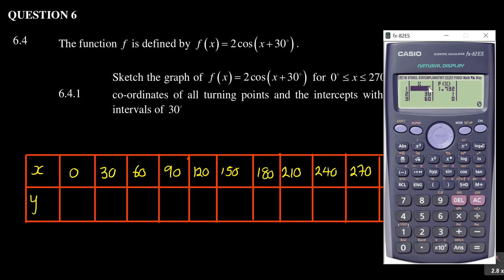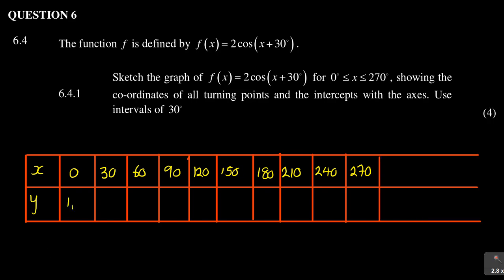If I go through the numbers, 0 is 1,732, then you've got 30, 60, 120, 150, 180, 210, 240, 270. Whenever you're sketching these, just focus on the simplified numbers. The first one, 0, we can estimate to be 1,7. So I'm going to have 1,7 as an estimate.